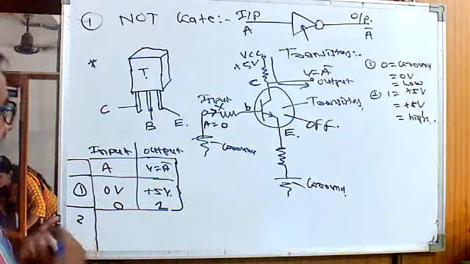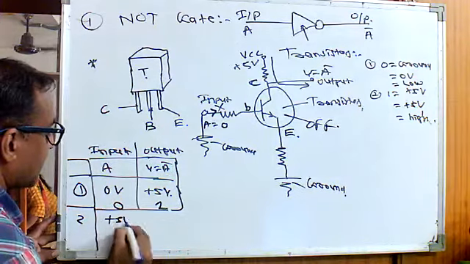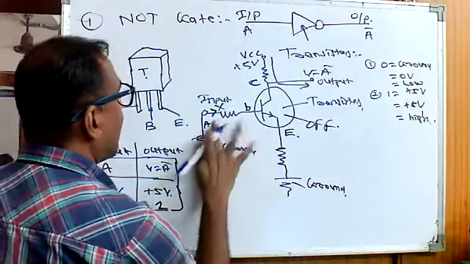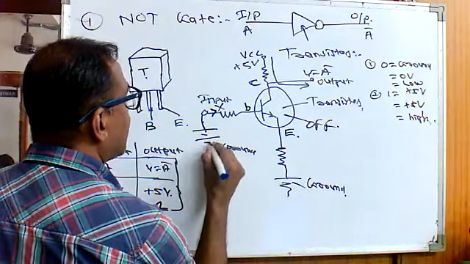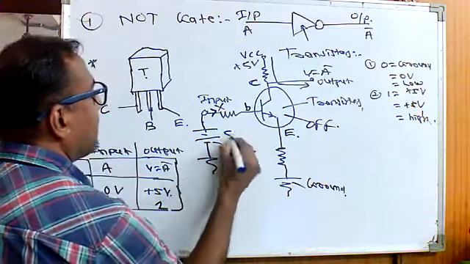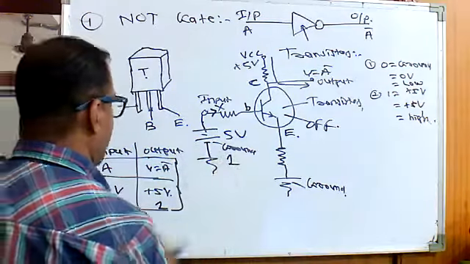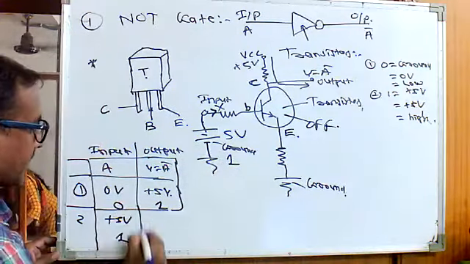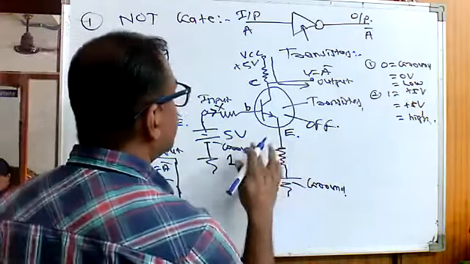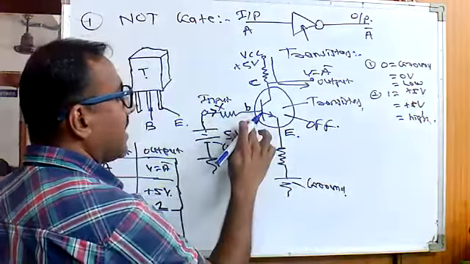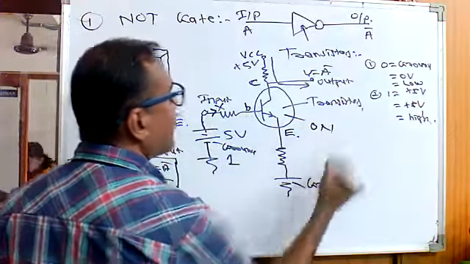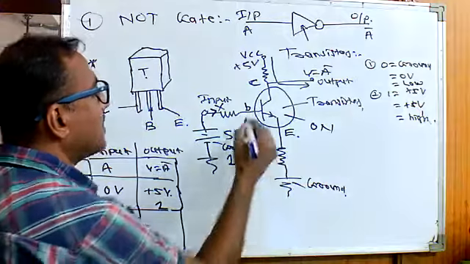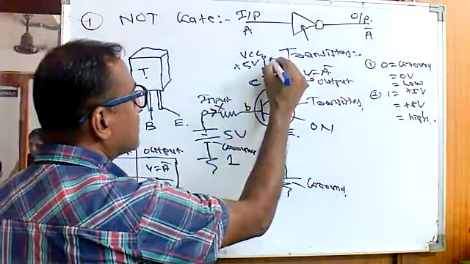The second condition is plus 5 volt, meaning high. Here 5 volt is applied, 5 volt means 1 is applied. So the base bias is applied, the signal is applied, so the transistor is on. The circuit is finished and the signal is transferred.